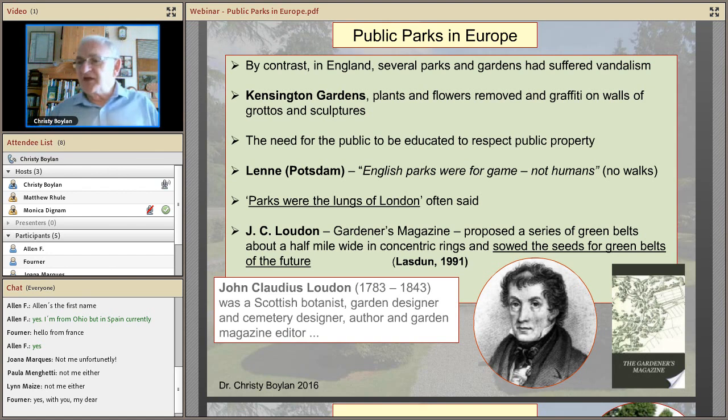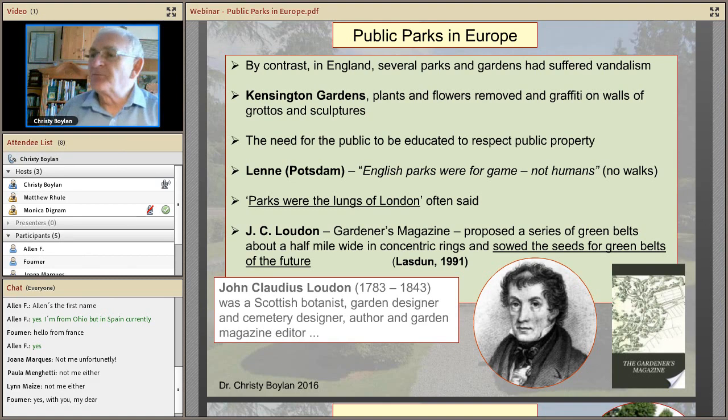So Loudon's campaign for public parks, particularly in London, was taken up by the politicians, and this led to the creation of Victoria Park and others. By contrast, in England, several parks and gardens suffered vandalism. In Kensington Gardens, for example, the plants and flowers were removed and there was graffiti on the walls.